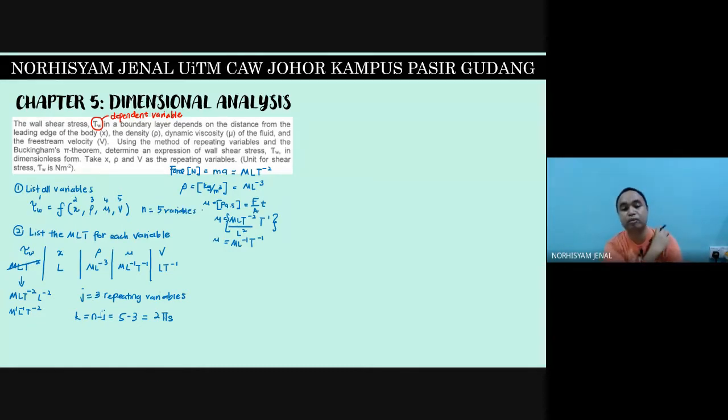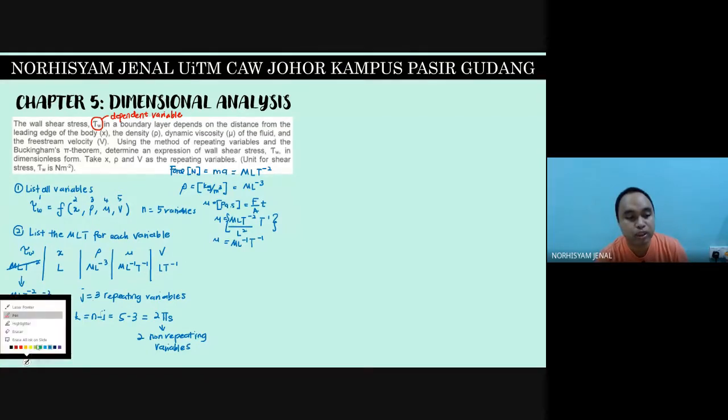So 5 variables, 3 repeating variables, 2 pi's. 2 pi's mean 2 non-repeating variables. Alright, so that will be the beginning part of our calculation.